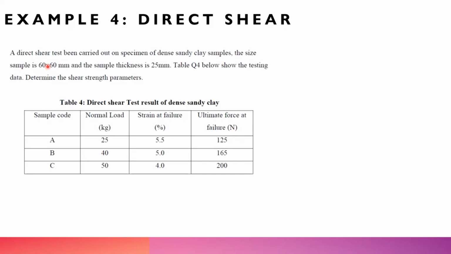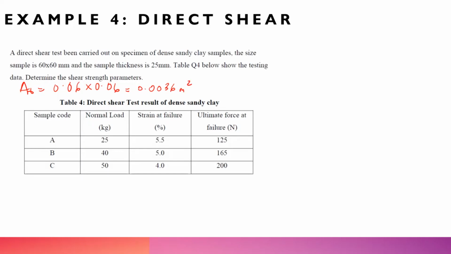For the cross-section area, 60 and 60 converted to meters will be 0.06 times 0.06. Therefore, the initial cross-section area is 0.0036 meters squared. So I converted the units to meters.